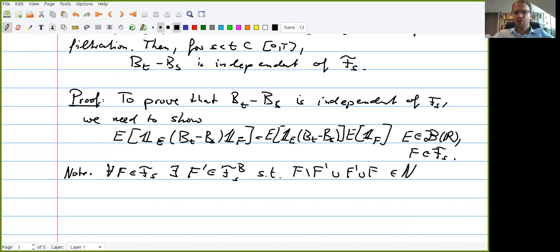So this means, if I have an object in the sigma algebra F_s, it is always given basically by a set in the sigma algebra generated by the Brownian motion at time s, and then added somehow a null set. This is what we do if we complete it. Right? And so how do you see the claim here, where we just need to cut away the null sets?